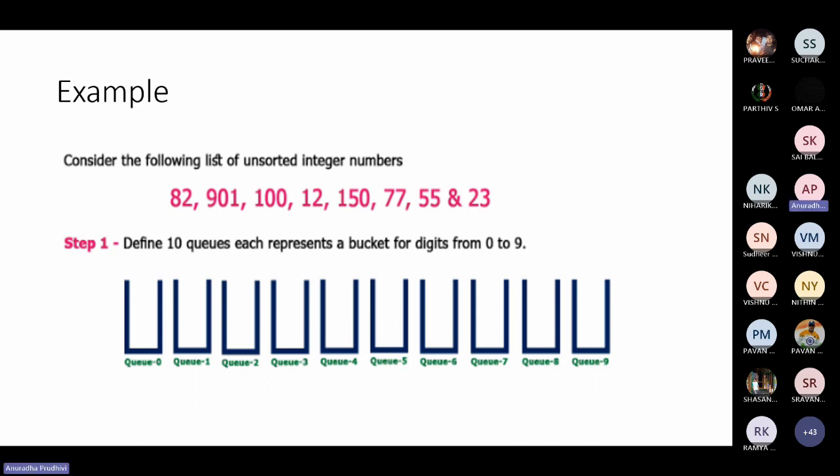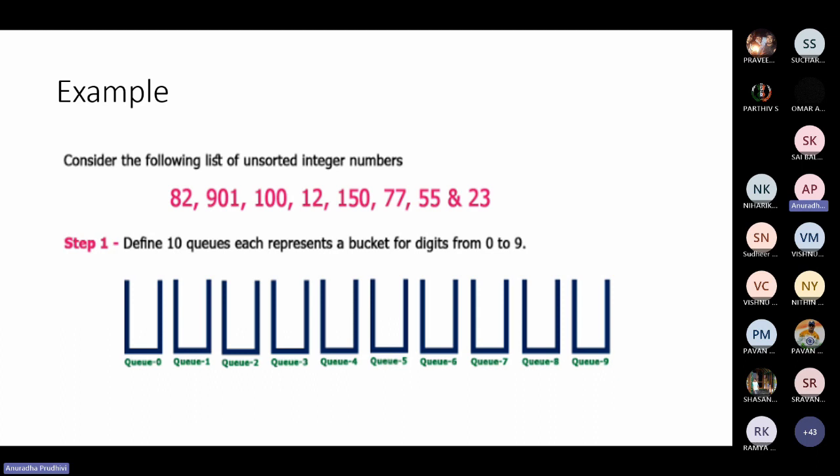Next number 5, 55. Next number is 7, 77. See, are all numbers sorted, or is any number missing? Check mark. So 100, 150, 901, 82, 12, 23, 55, 77. Okay, so this is the sorted list according to the least significant digit.